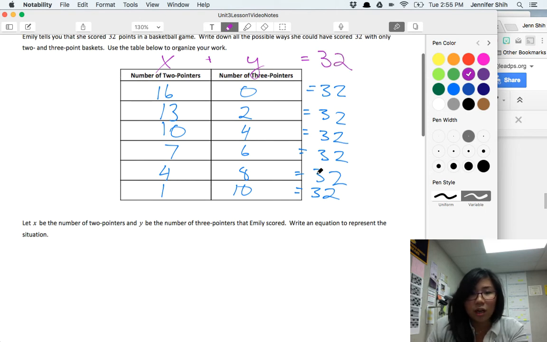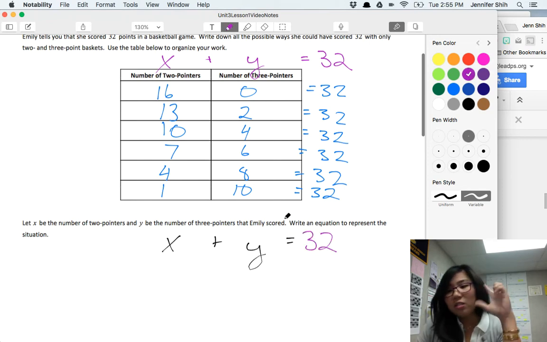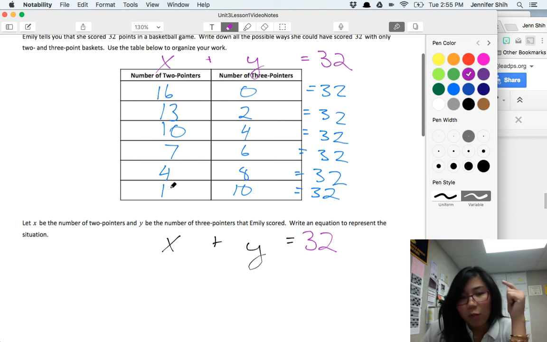So x, I'm going to write in a different color, all the x's and all the y's together are going to equal 32. However, let's verify if this equation works. If we plug in this ordered pair, 1 for x and 10 for y, 1 plus 10 doesn't equal 32. Oh, because this is the number of points.